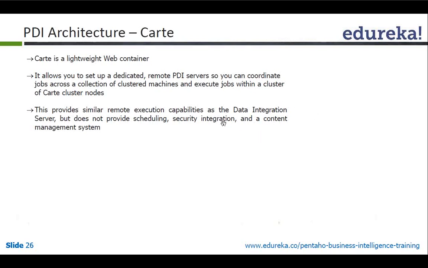But then they have added some UI related features using the BA server, with which you can do scheduling, security integration, and so on. So they have a good UI interface, whereas in the community version that UI interface is missing.